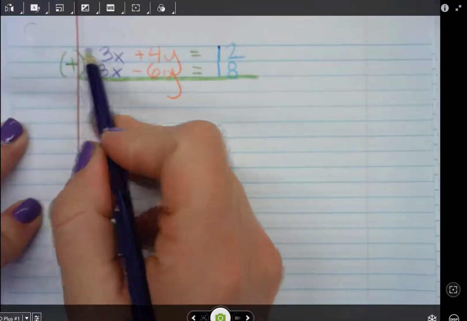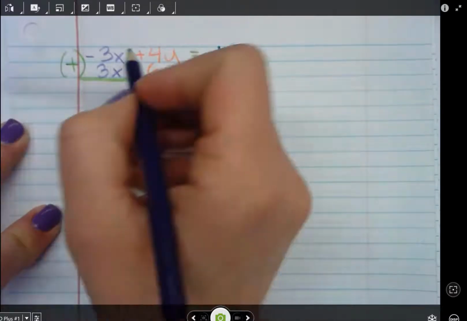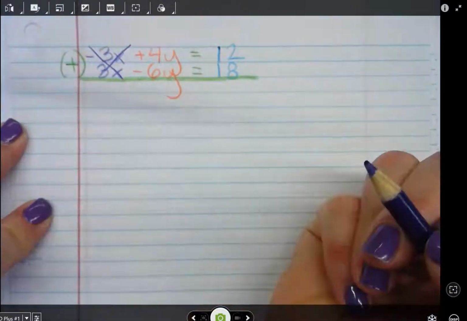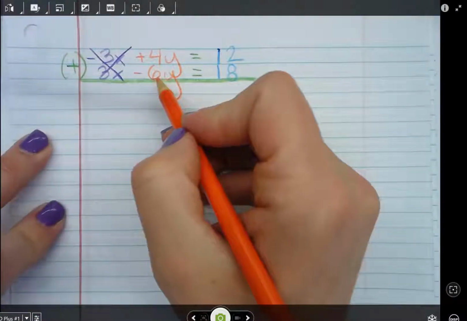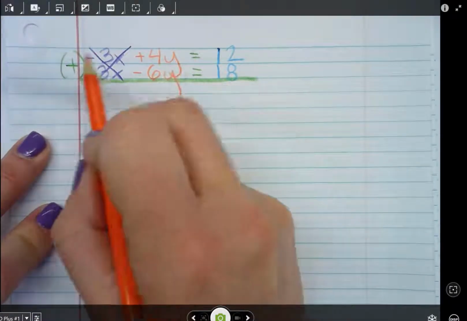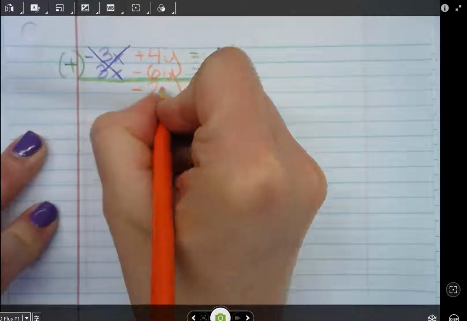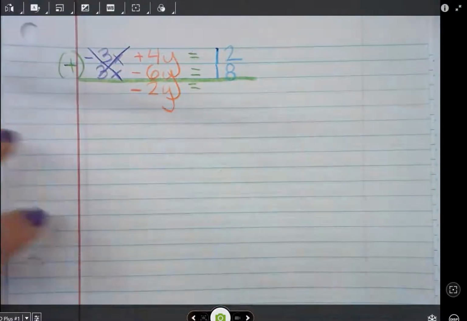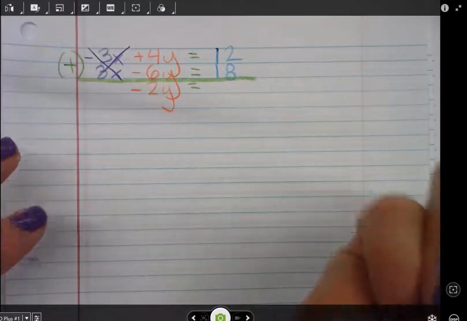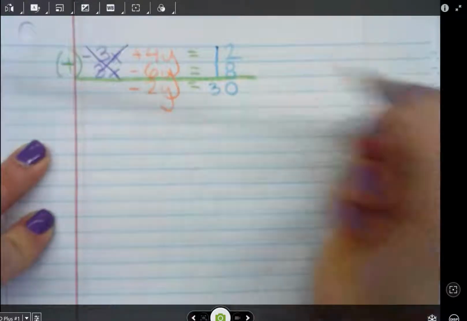Since -3x plus 3x gives us 0, the x terms in this equation are eliminated. I can then add together the next terms, 4y plus -6y, so we get -2y, and we add together our constant terms, 12 plus 18, and we get 30.